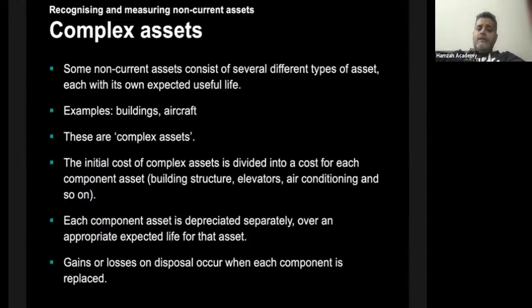So therefore, the complex assets are divided into different components, and then each component along with its own cost is depreciated over a different rate. Okay, so each component is depreciated over a different rate. So this is what basically we have to do over here, right? That this complex asset is going to be divided over its different useful lives.